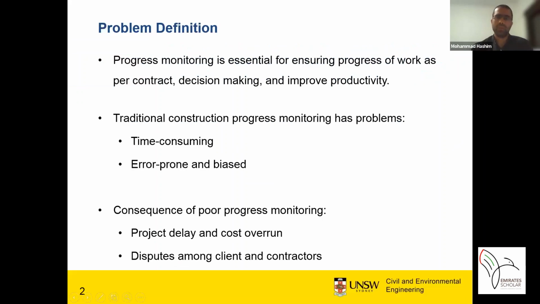So we know that progress monitoring in the construction industry is not only important for measuring the progress of work, but also for decision making and for improving productivity. Currently, traditional progress monitoring is used in the industry, and it has some problems: it's time consuming, error prone and biased.